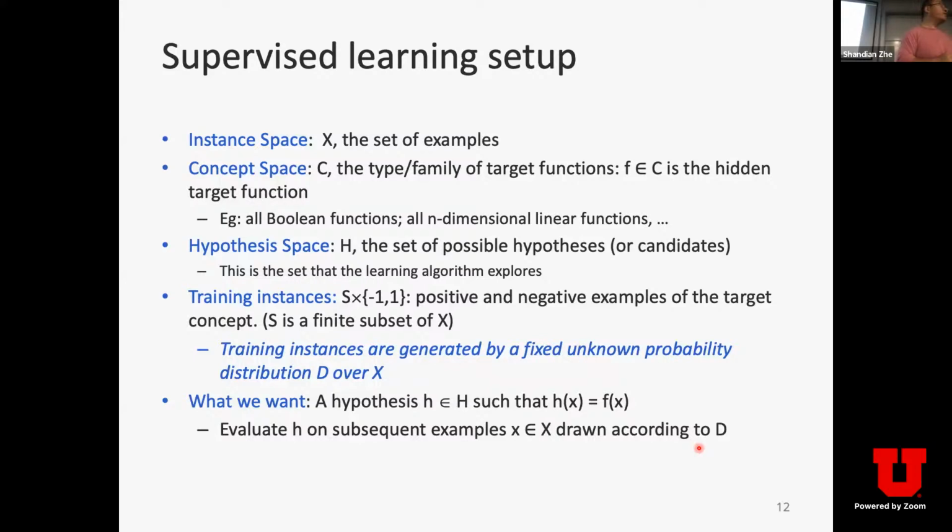Any question? Okay. Understanding this setting is very important for us to understand a bunch of theory, because when we talk about the sample complexity bound and the generalization error bound, they are all based on this assumption. That is, your test instances are drawn in the same way as your training instances.